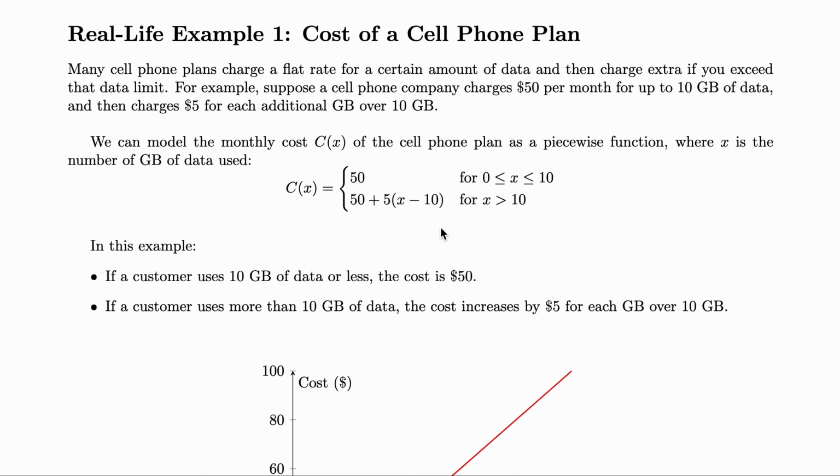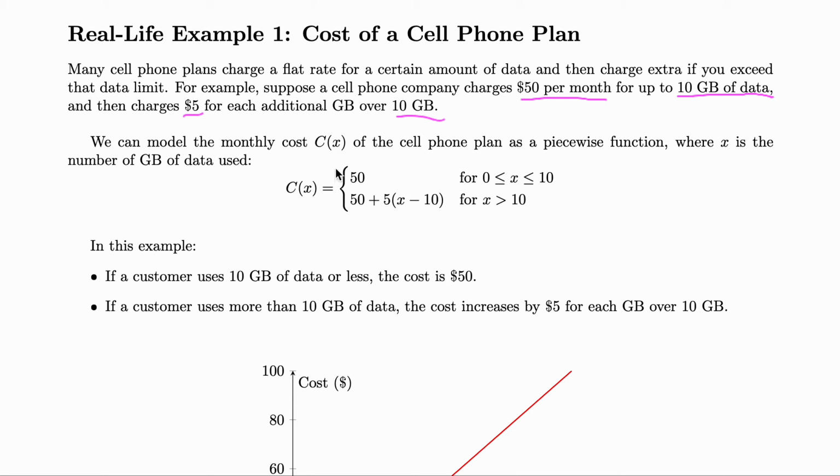This is going to represent the output value, or the cost, and this over here is going to represent the gigabytes of data used. This particular function charges $50 per month for up to 10 gigs of data, and then it charges an additional $5 for any additional usage over the 10 gigs of data.